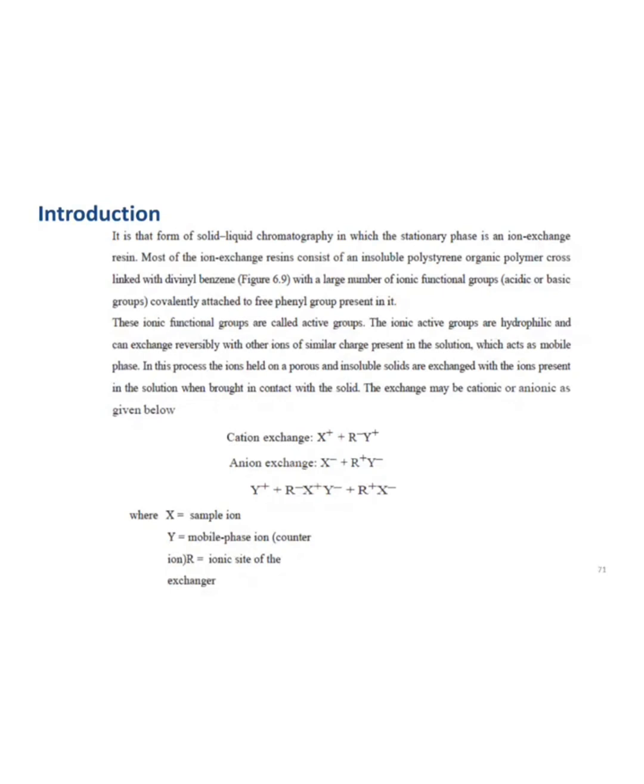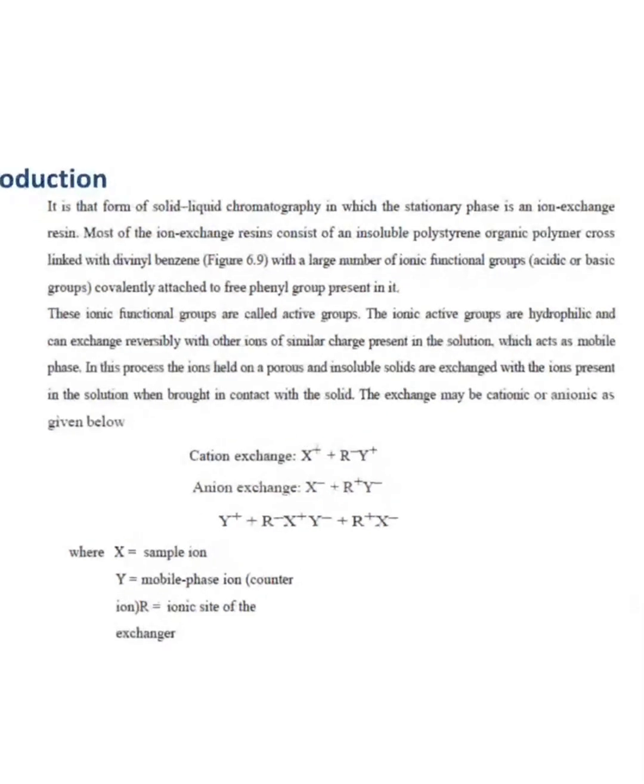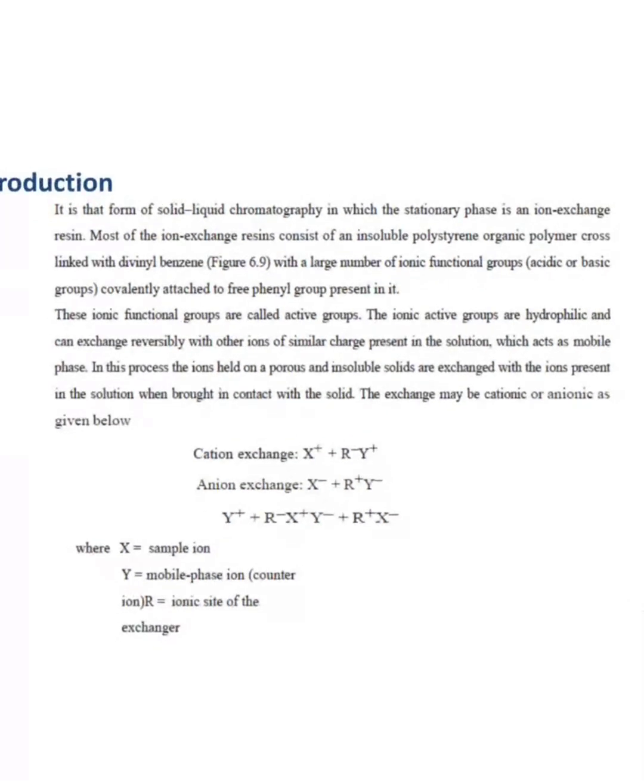As I told in the introduction, ion exchange chromatography is a solid liquid chromatography in which the stationary phase is an ion exchanger resin, which is nothing but the solid, and the mobile phase is liquid.